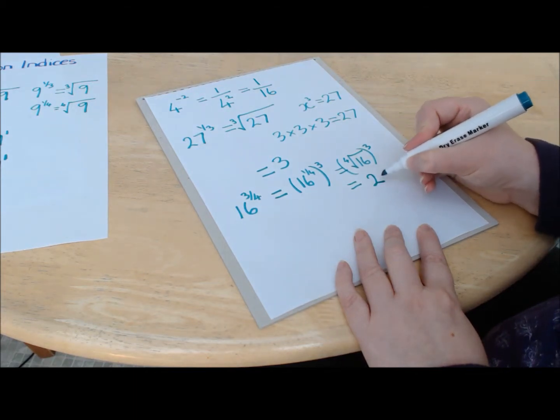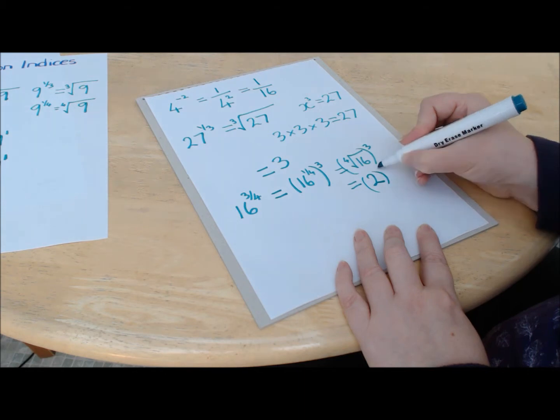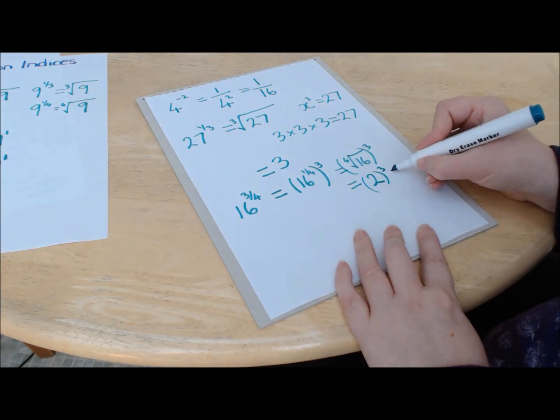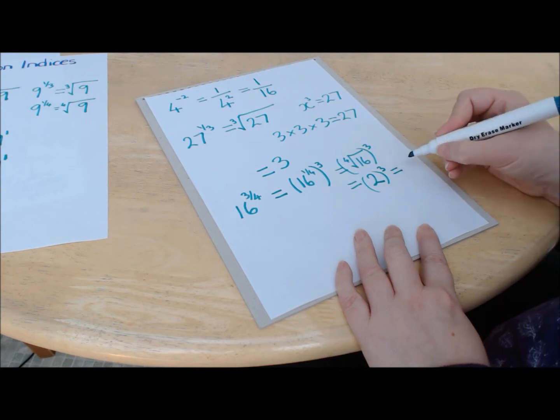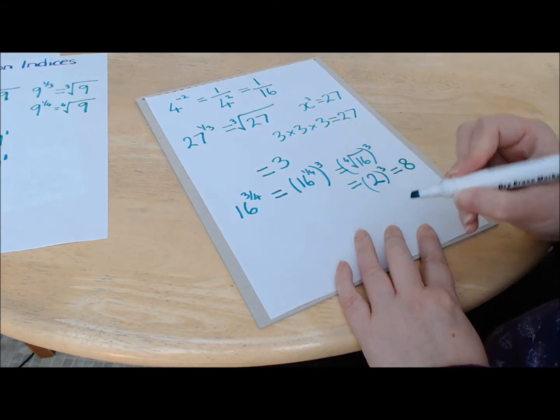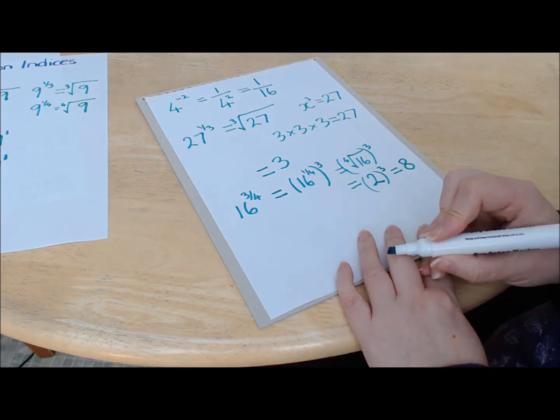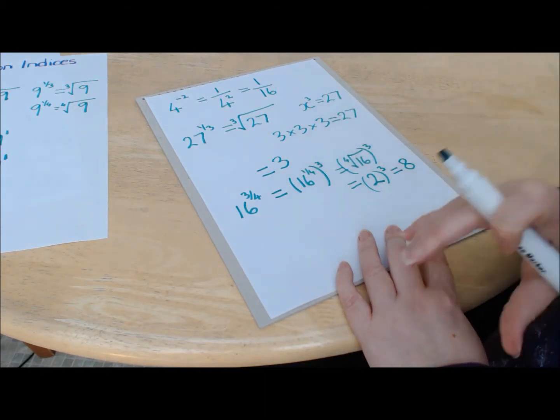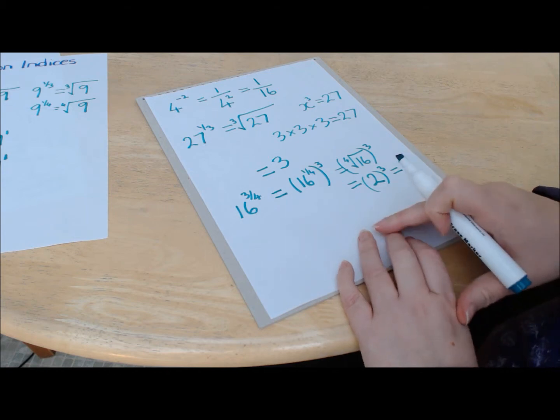So we've got 2 to the power of 3 now that we've figured out the inside. And 2 to the power of 3 is 8. 2 times 2 times 2. So we've used this bracket rule to separate the parts out to do it.